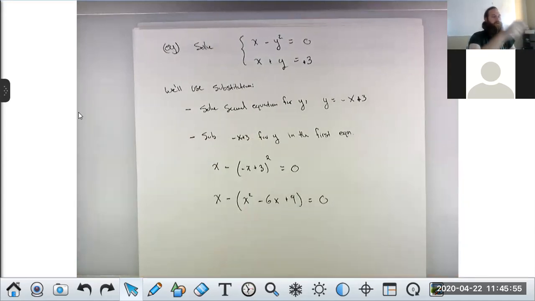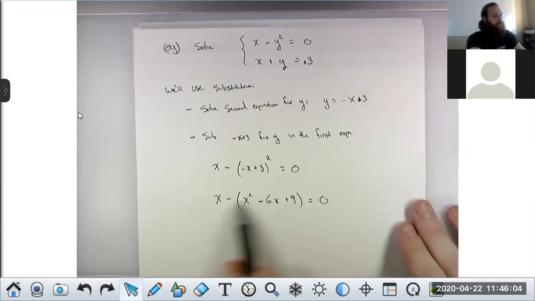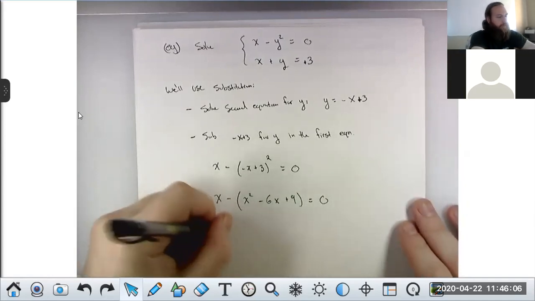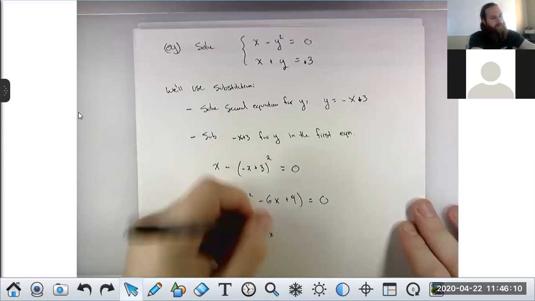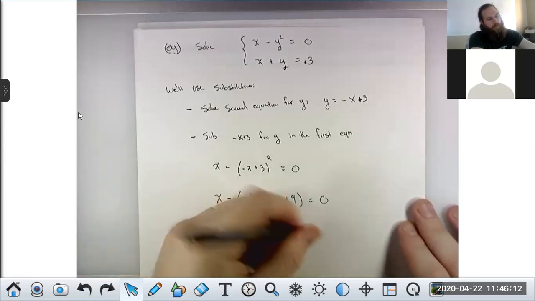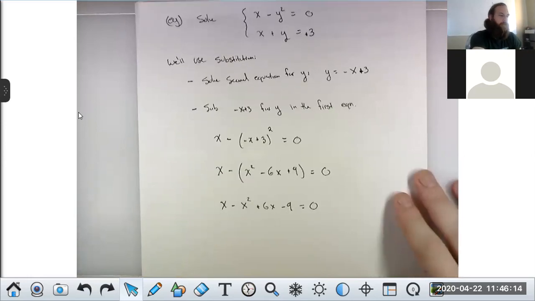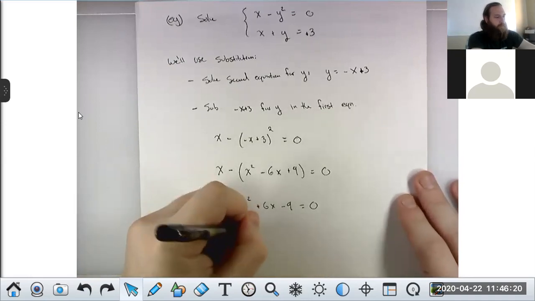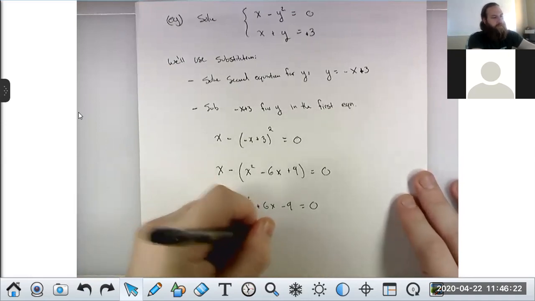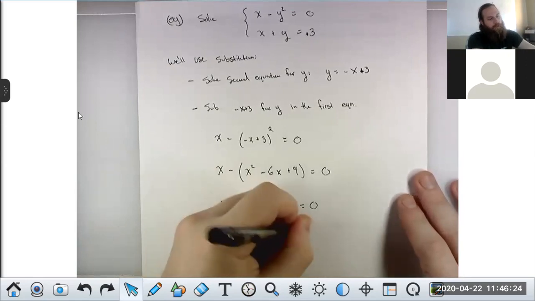So this is what I get when I square negative x plus 3. And now I can combine my like terms. I'm going to distribute this negative. And that gives me negative x squared plus 6x plus x is plus 7x minus 9 equals 0.